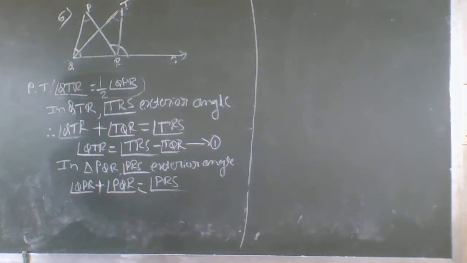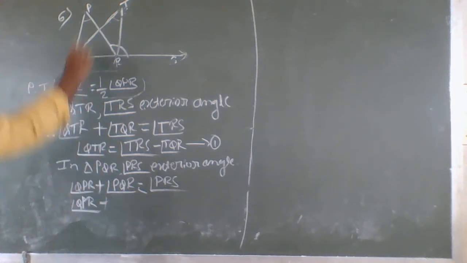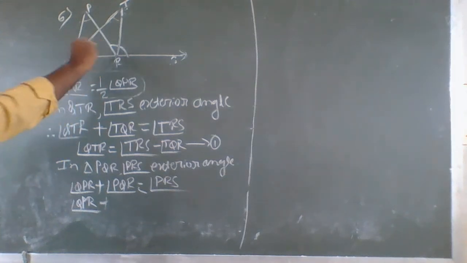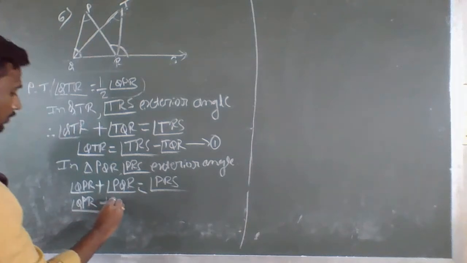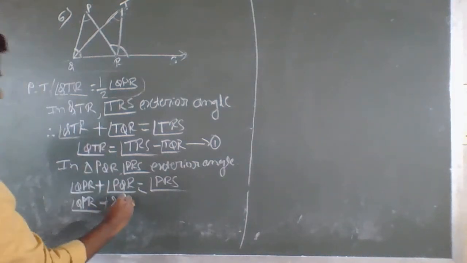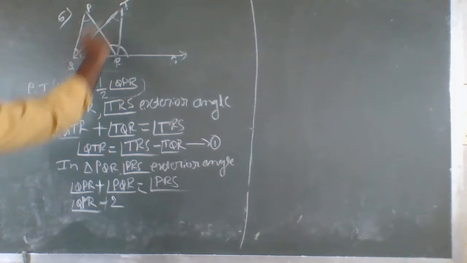Now, what I will do? Angle QPR, next step. Here, in the place of angle PQR, I will write 2TQR, because QT is the bisector.